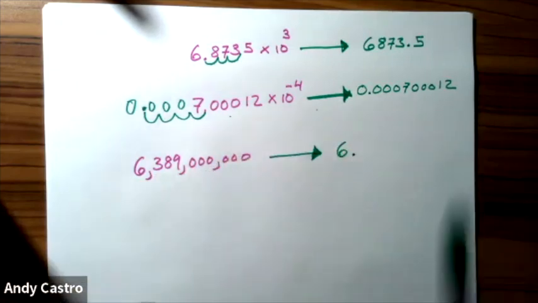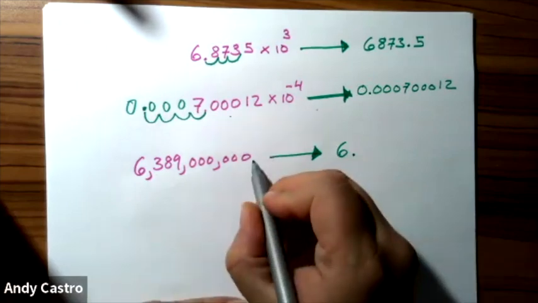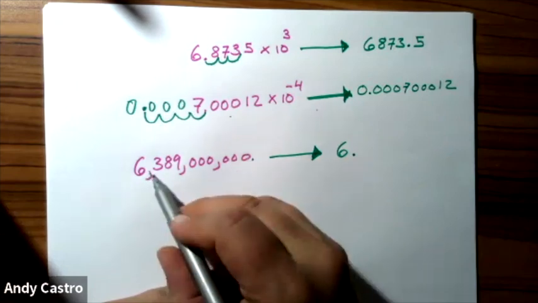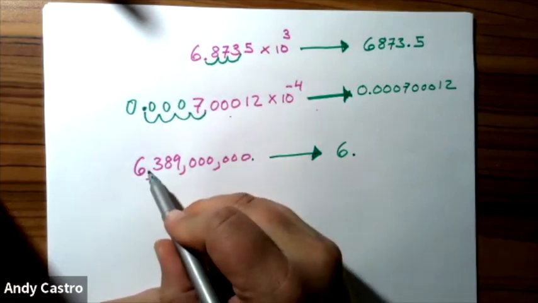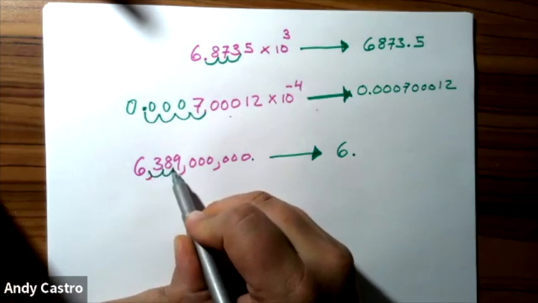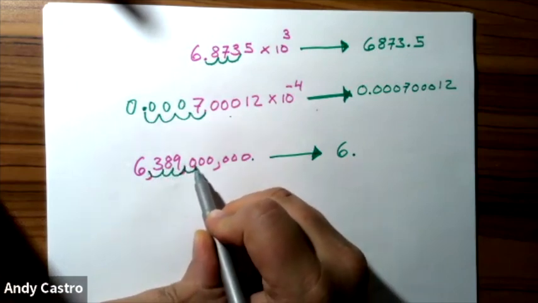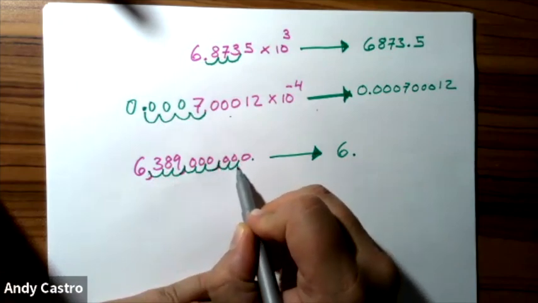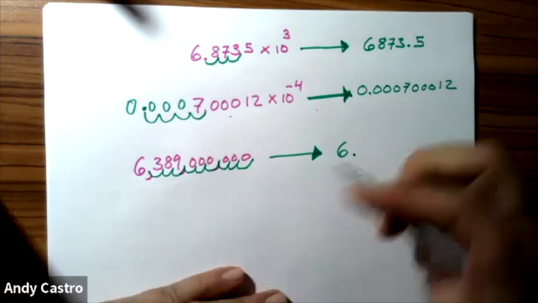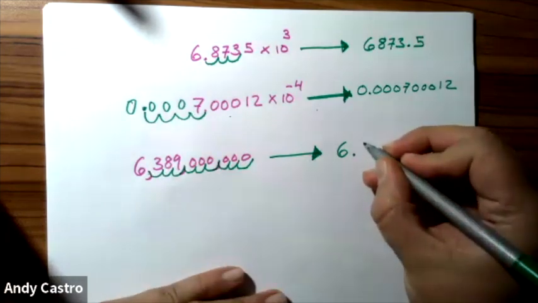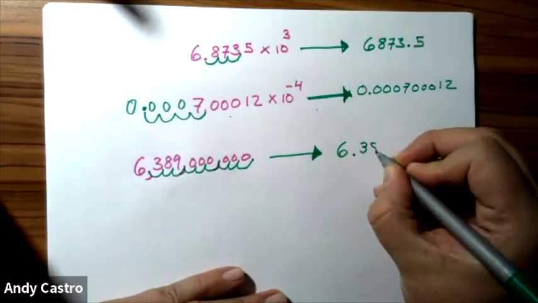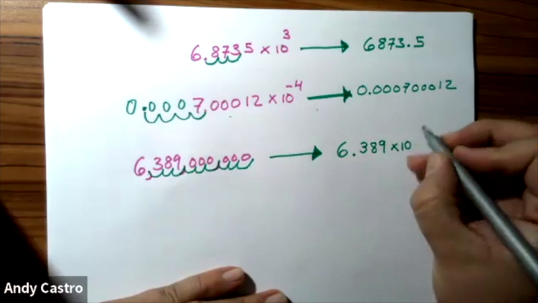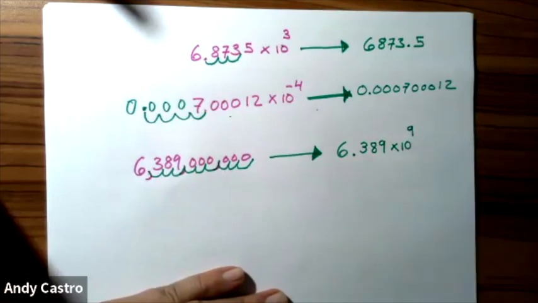So how do I get my decimal point there? Well, right now in the big number, my decimal point would be here. In order to get from here to here, it would have to move 1, 2, 3, 4, 5, 6, 7, 8, 9. So 6.389 times 10 to the positive 9.